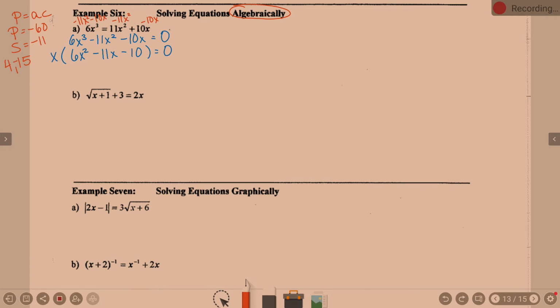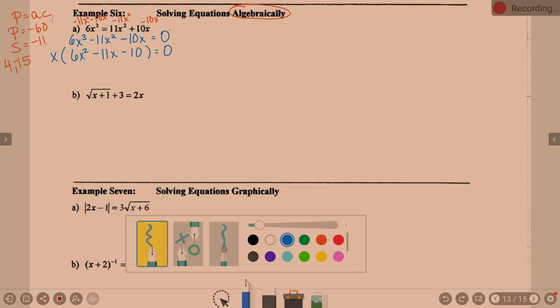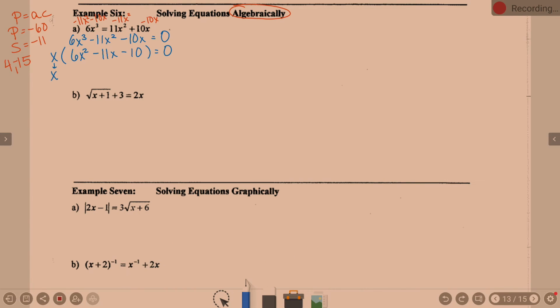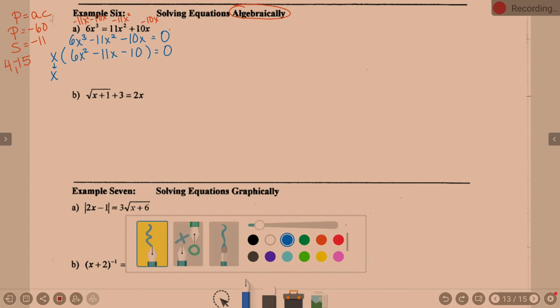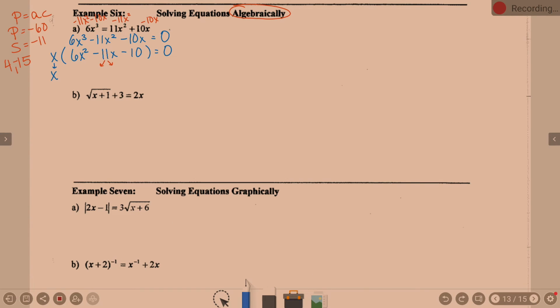15 is our negative value, correct? Okay. So, this x out front, carry it down. And then the negative 11x is going to split, correct? So I'm going to officially carry my 6x squared down.